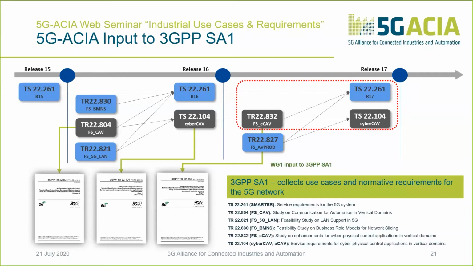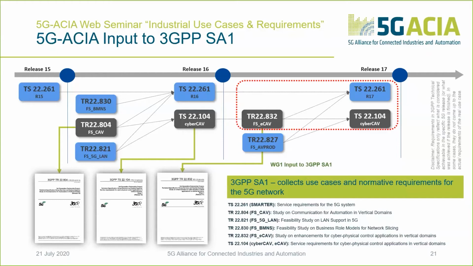And the major document containing the normative requirements for the 5G network and for the 5G-ACIA use cases is TS 22.104, service requirements for cyber-physical control applications in vertical domains. Requirements with general applicability have been contributed to TS 22.261, the service requirements for the 5G system.